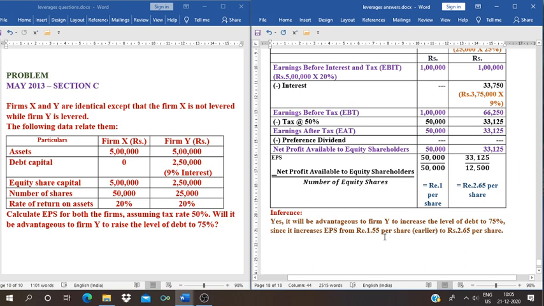But if they want to increase debt to 75%, EPS will increase to 2.65 per share. Okay, it will be advantageous to firm Y if they increase the level of debt to 75%.